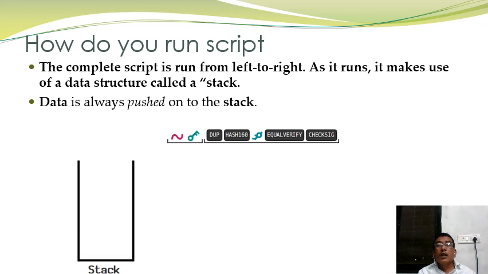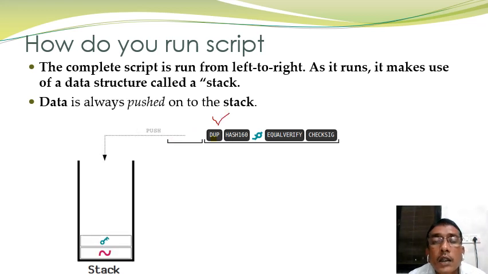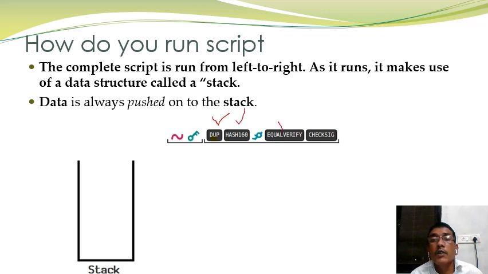You can see this is the duplicate opcode. Then other opcodes are there: hash 160, which will compute the hash value; equal verify, which will compare the data; and check signature, which will check the signature.